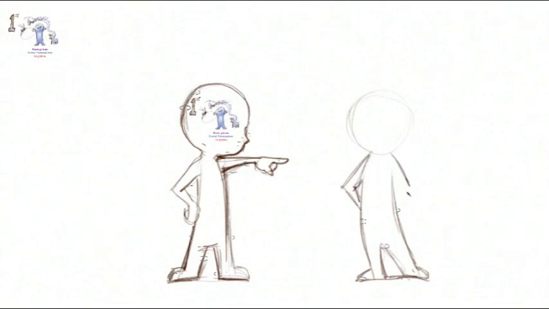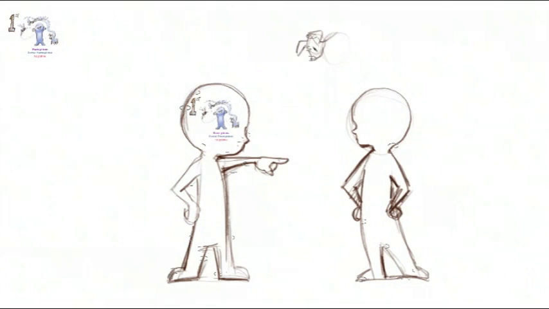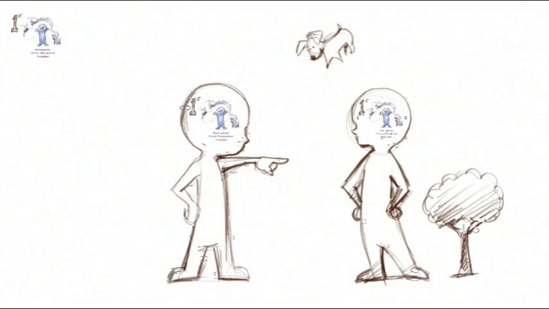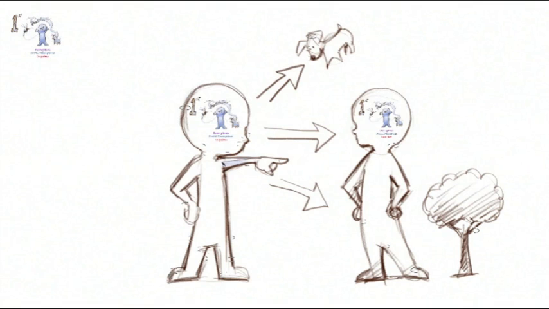And hey, there's a second character, and this character is separate from the first, and there's a dog and there's a tree. What's happening, you can see in this second character, is that the subject is now looking at the objects, but the object has within it the first order of consciousness. And that's a big thing, the subject-object differences.